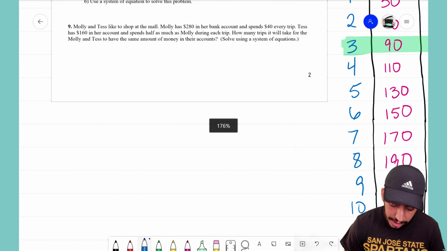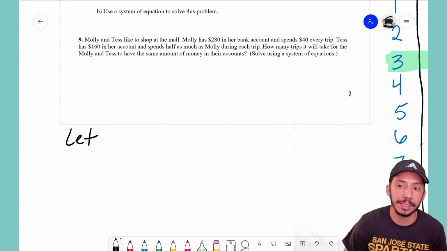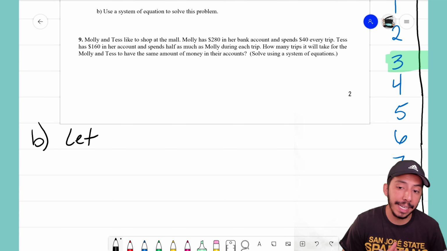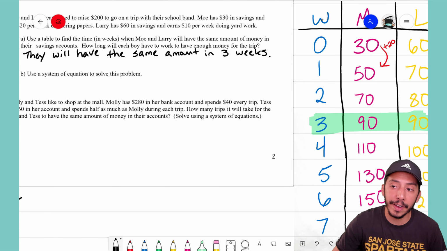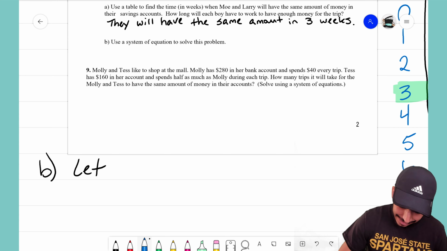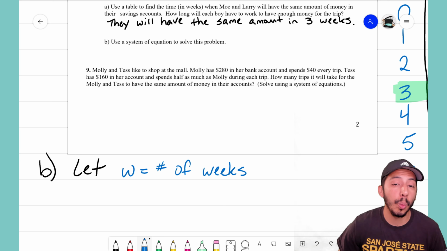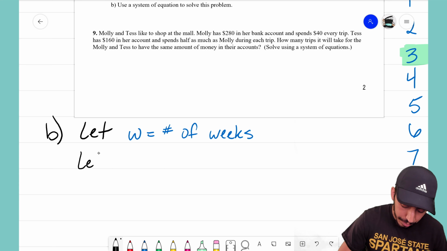So for a system of equations, the first thing we have to do is write out our let statements. So this is for part B here. This is part B. So we need to do our let statements. Now, over here, you'll notice that I did already have a variable that we were using. We were using W. So I'm going to let W equal the number of weeks. That's one variable that we need. What should the other variable be?